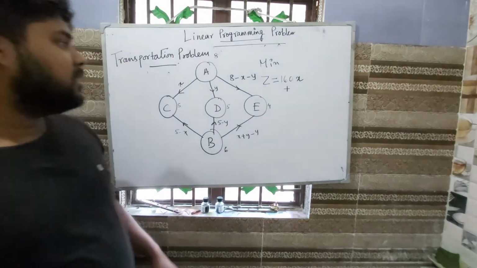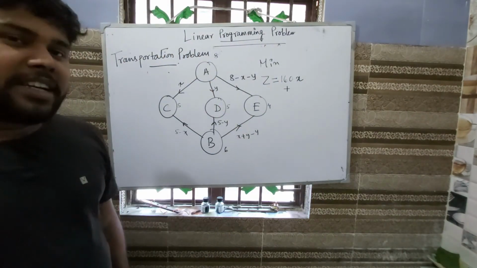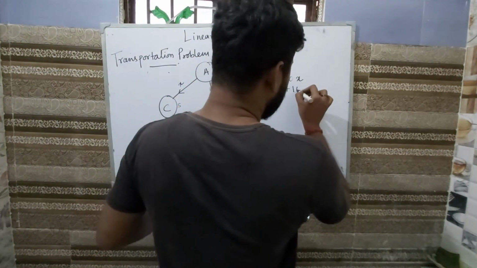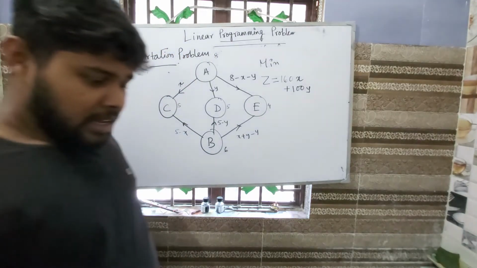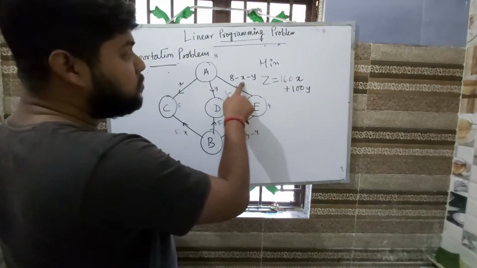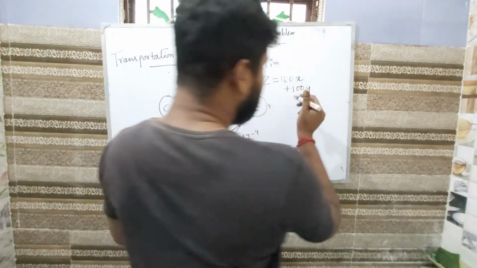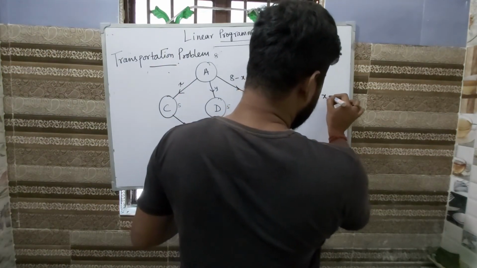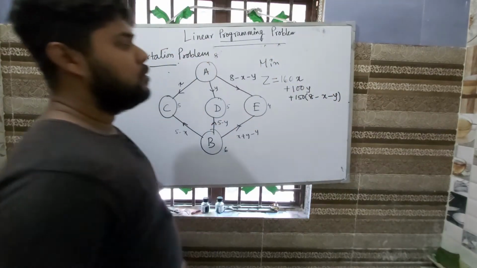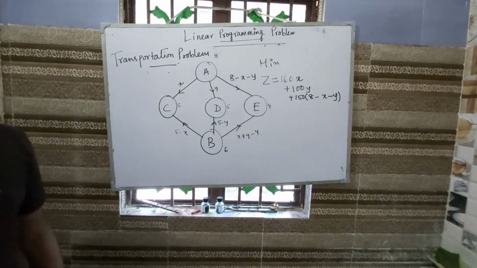Plus A is sending Y number of items to D, so there it will be 100Y. Then A is sending this much item to E, so it will be 150 into 8 minus X minus Y.